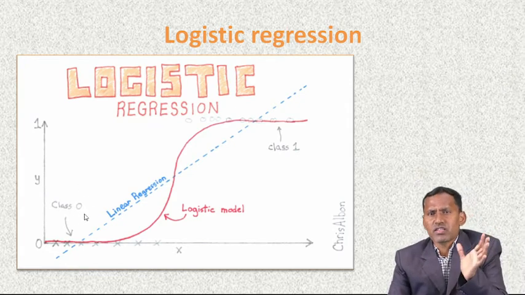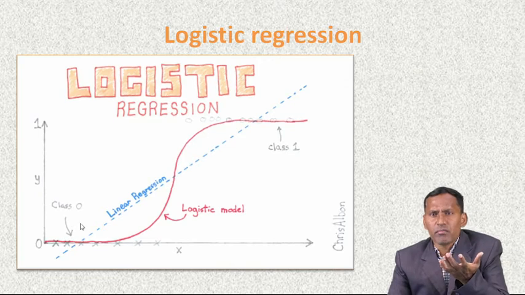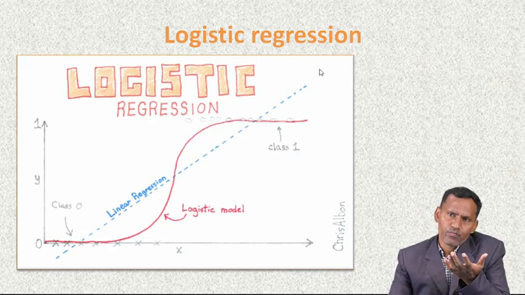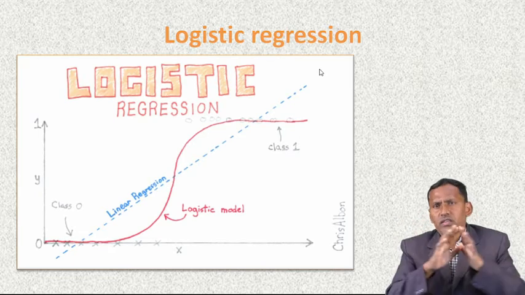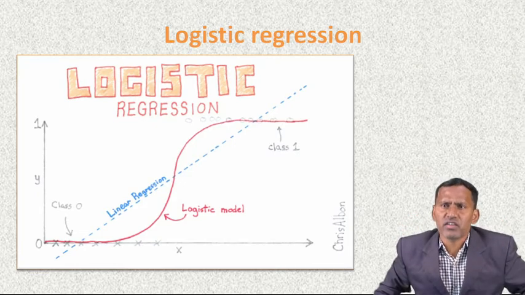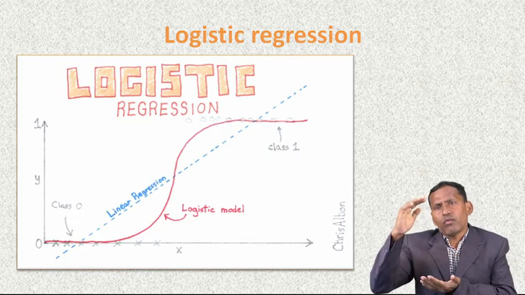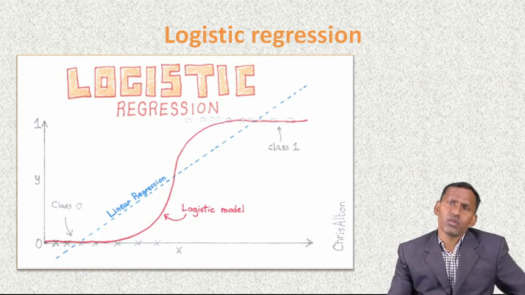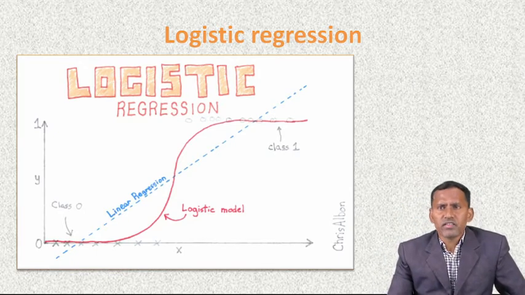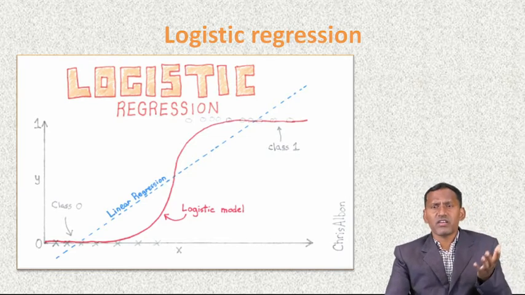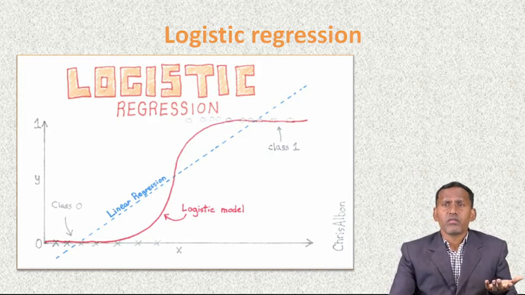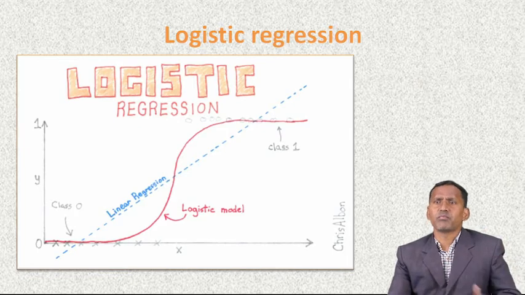Now we can clip out the values below 0 and above 1 by using the sigmoid activation function. So by using this sigmoid activation function, we can convert the straight line into a sigmoid curve.